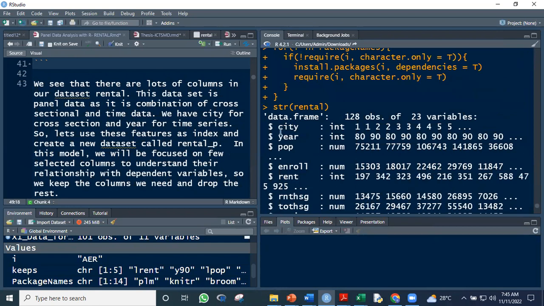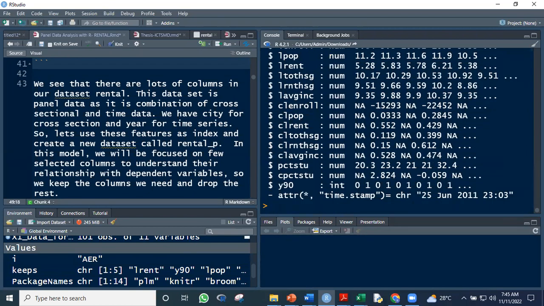I haven't run that. It's a data frame with 128 observations and 23 variables. And you notice that the city is integer, the year is integer, and there's this Y90, which is also an integer.